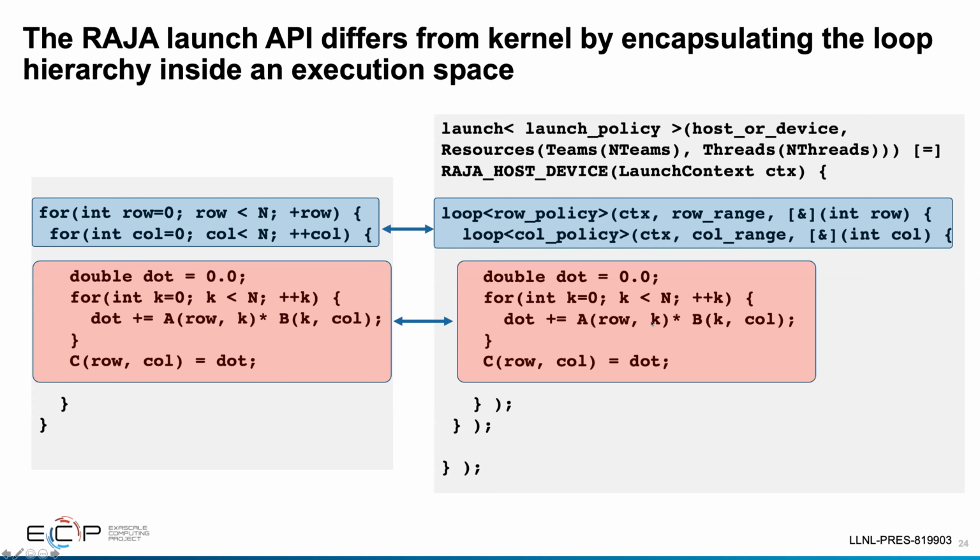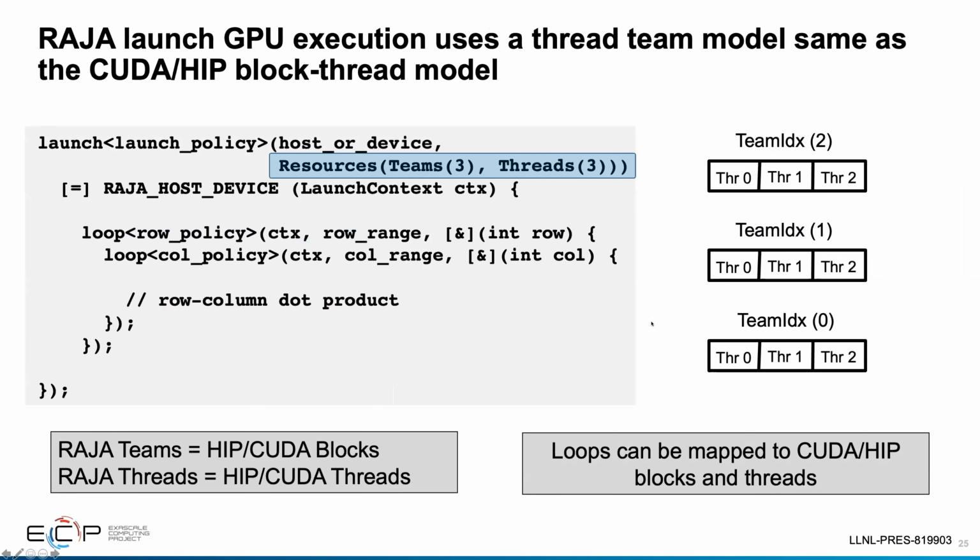For GPU execution, we try to follow the same programming model introduced by CUDA and HIP. We have the notion of teams and threads, which is equivalent to CUDA and HIP blocks and threads, right? And for this reason, sometimes we'll call this API RAJA teams. So loops can be mapped to either teams or threads using these loop methods. And then when running on the CPU, these loop methods will fall back and be executed as standard C loops.